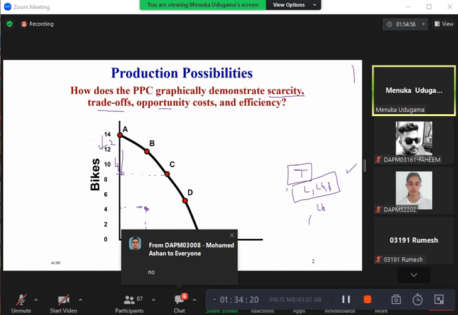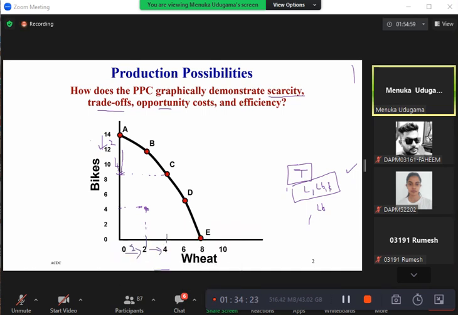Yes, it's not an efficient point. Why? Because we can see now, when you produce 4 bikes using the resources that we have, we can actually go up to this much wheat. With a method of 7 units, 7 units more are made when you produce 4, but instead we settle for 2 units of wheat. So therefore, this is not an efficient point.